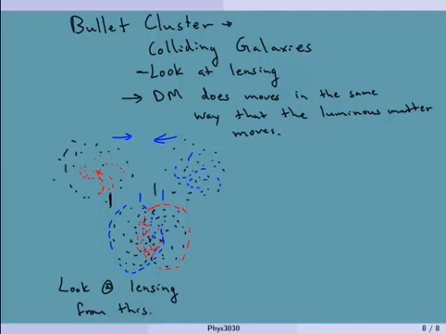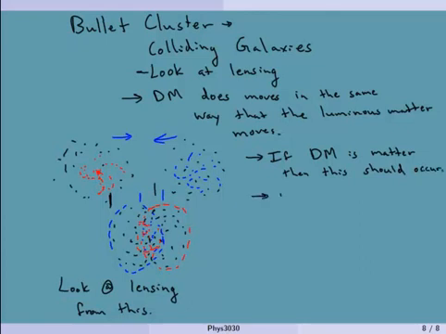So if this matter is moving through and it's not interacting, then I should get gravitational lensing in a distribution like this. So this is if dark matter's explanation is actually matter, then this should occur. And I can look at this by gravitational lensing.